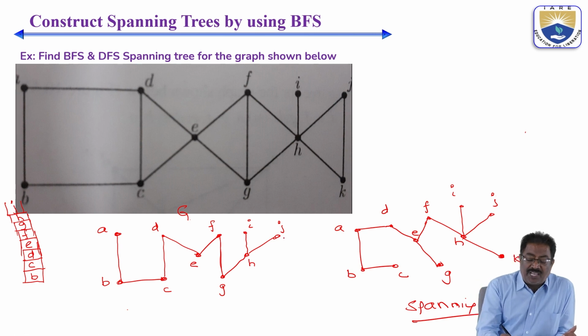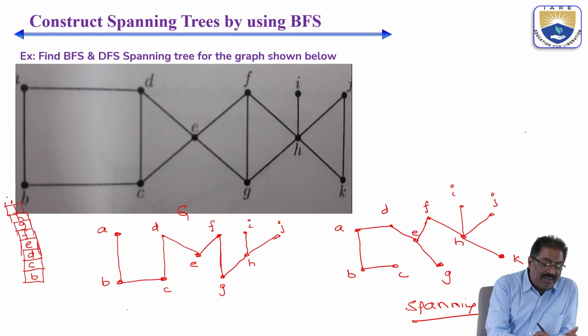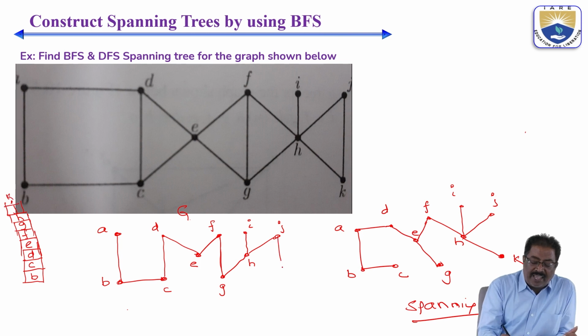From J there is an adjacent vertex, let us take it as K, and K is put into the stack. K's adjacent vertex H is already visited, so there is no adjacent vertex from K, and we pop it.